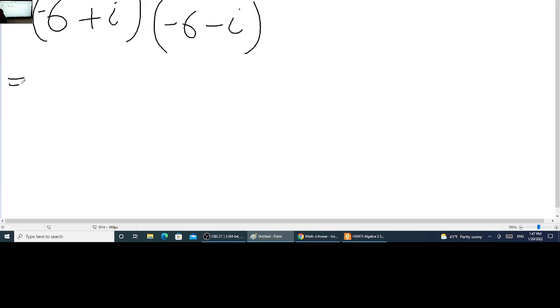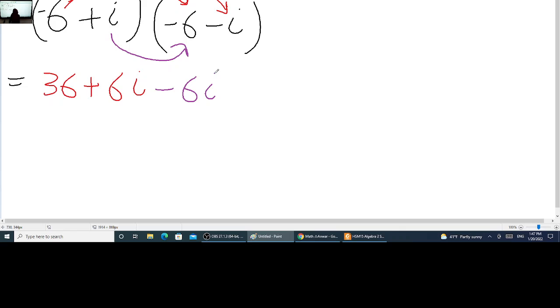Negative 6 times negative 6 is 36. Now, negative 6 times negative i is positive 6i, right? And i times negative 6 is negative 6i, and i times negative i is negative i squared.